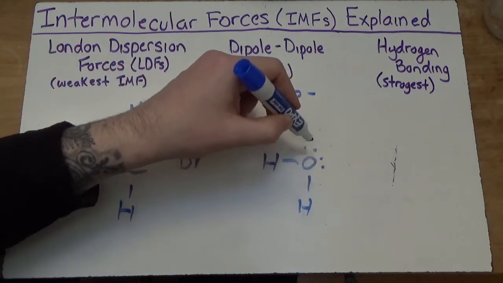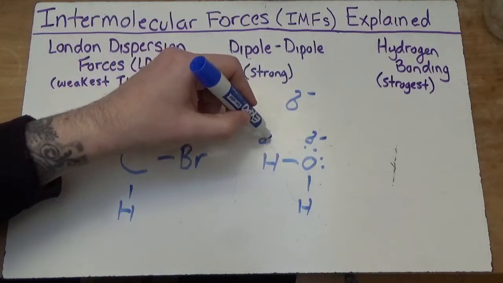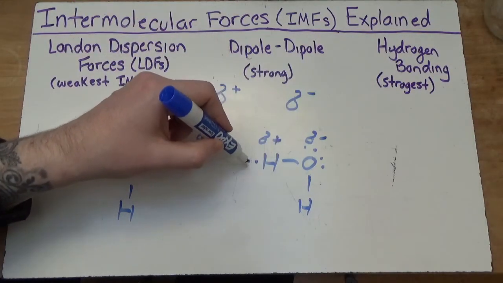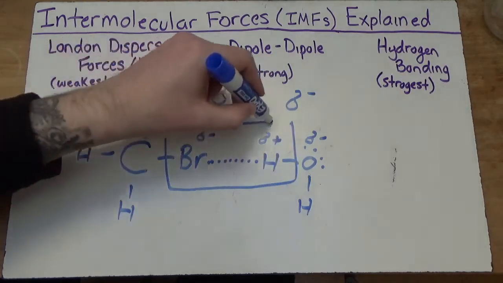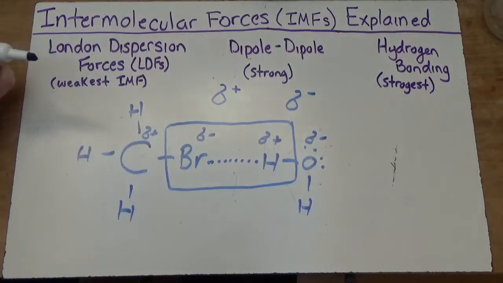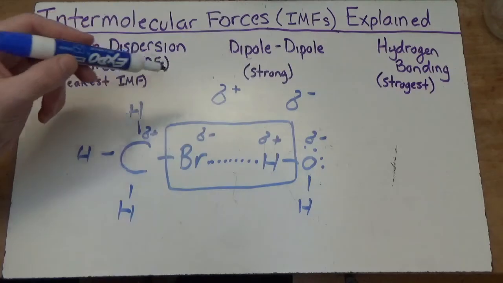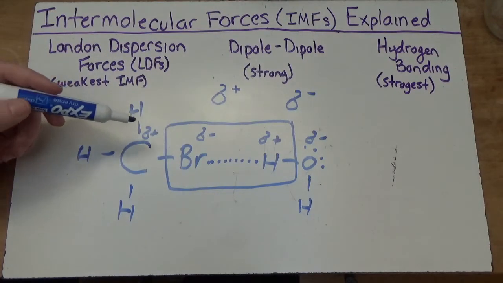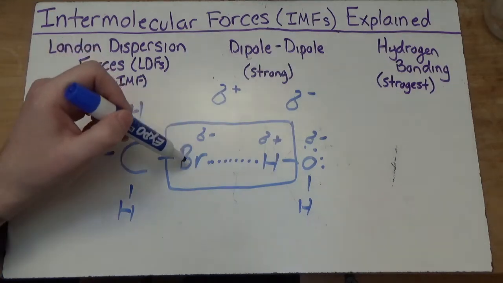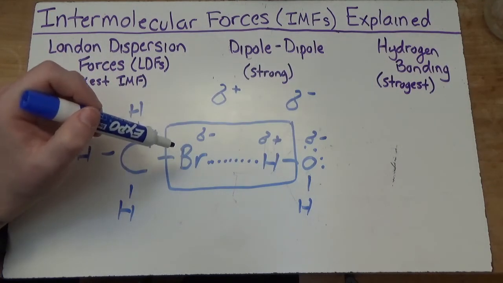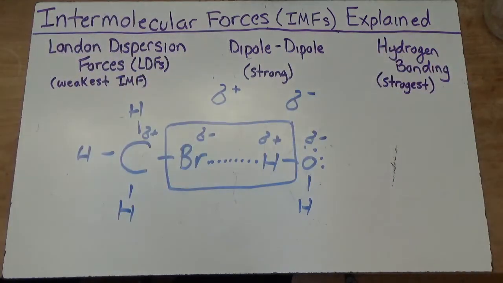On the other side over here for water, oxygen is partially negative, hydrogen is partially positive, and the attraction here between this partial positive hydrogen in water and this partial negative bromine in this molecule, that is a dipole-dipole interaction. And this is much stronger than London dispersion because this bromine is permanently partially negative, not just because it's close to something else.